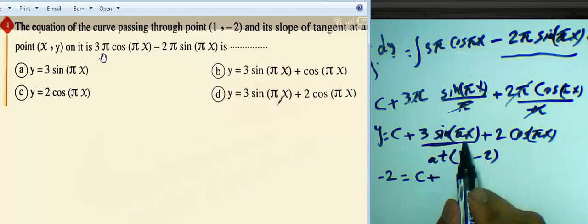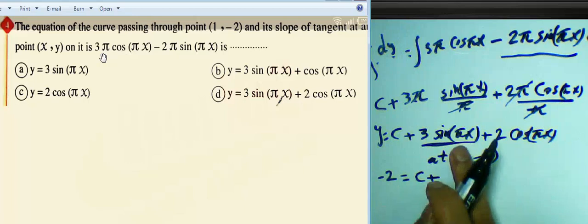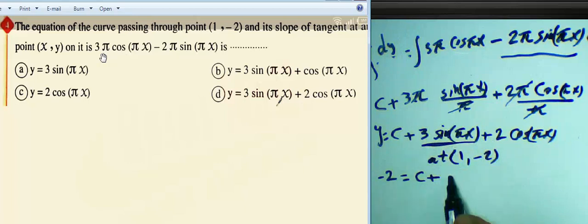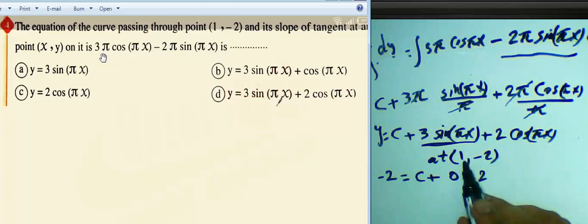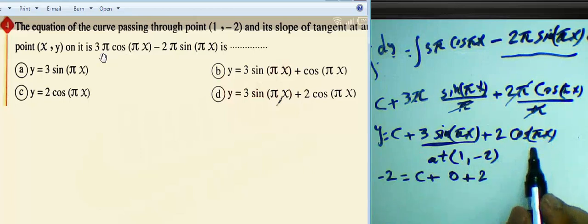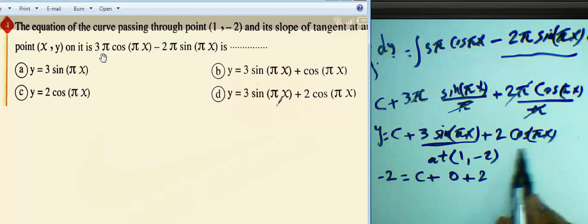It means what? Sine 180 equals what? Equals 0. 3 times 0 equals 0. And cosine 180 equals negative 1, so 2 times negative cosine 180 equals negative 1 times 2.